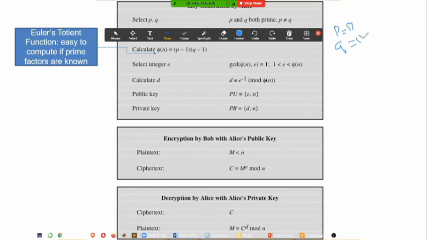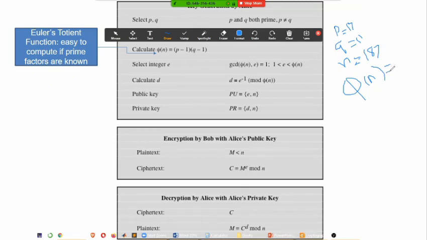Okay, with 17 and 11 she computes n equal to 187, and she's got to compute phi of n. Now phi of n is supposed to be phi of 187.